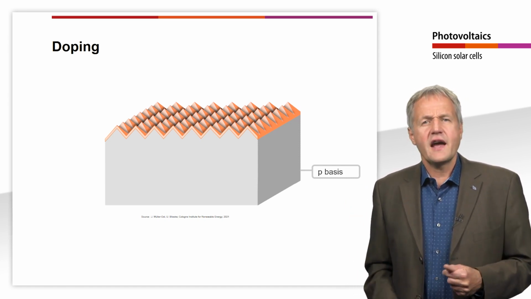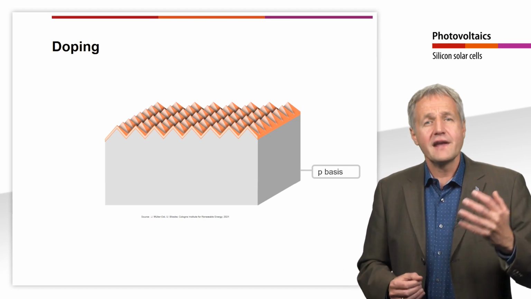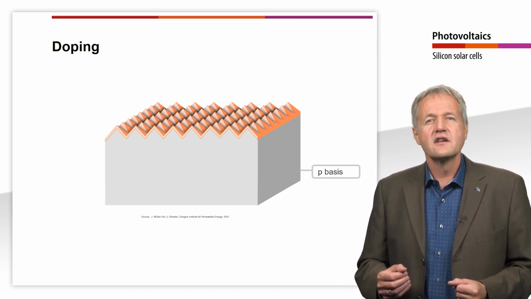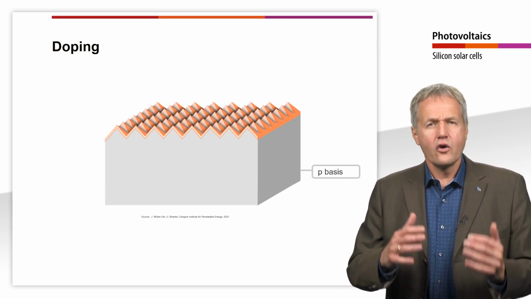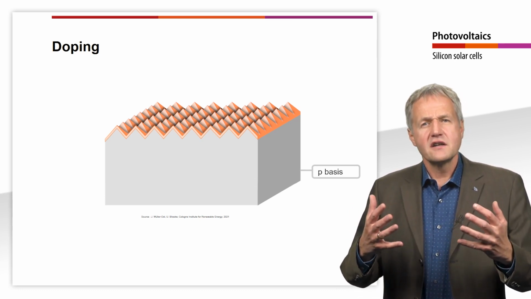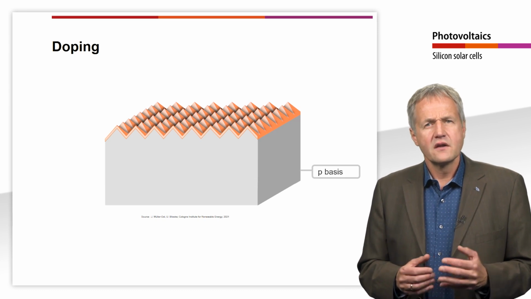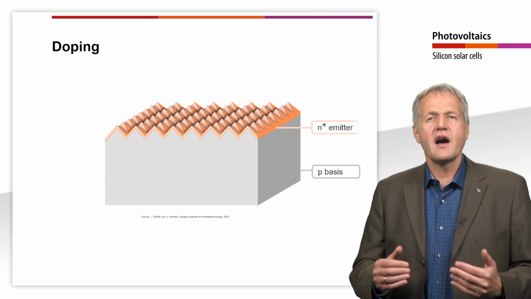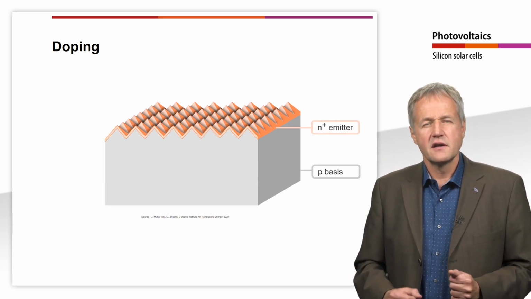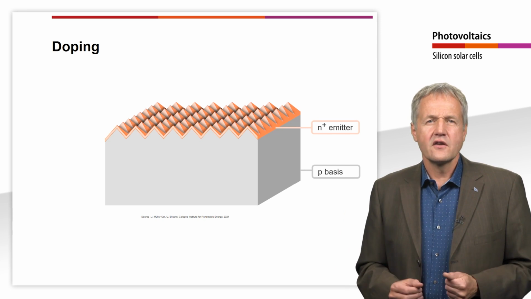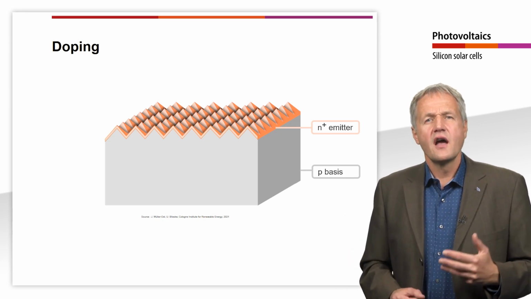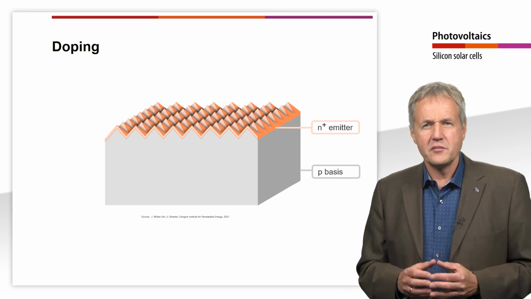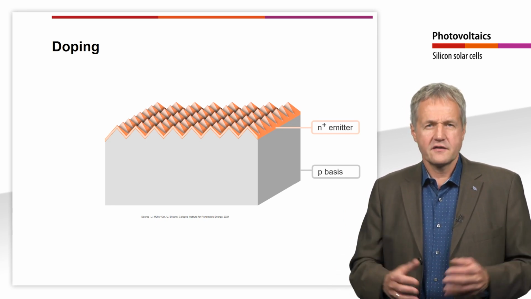Because each phosphorus atom also contributes a free electron and the holes are overcompensated, this area is no longer positive but negative conductive. The result is an N+ region, a region with high electron conductivity. By these means, we have now produced an NP junction, that is, an N+ emitter and a P base.